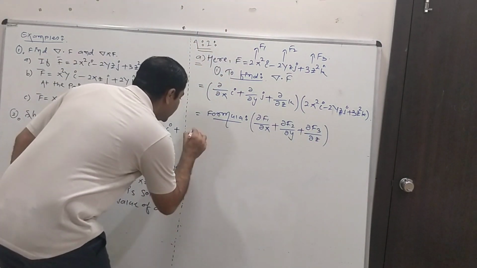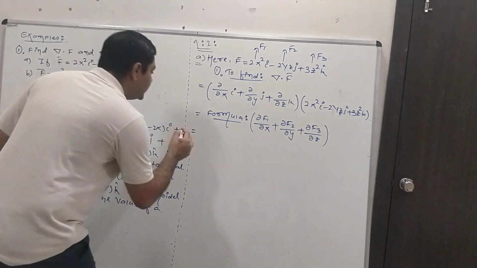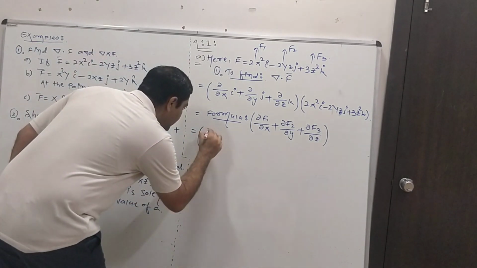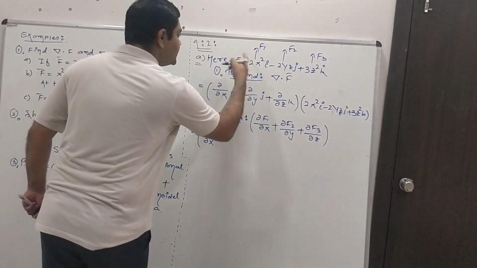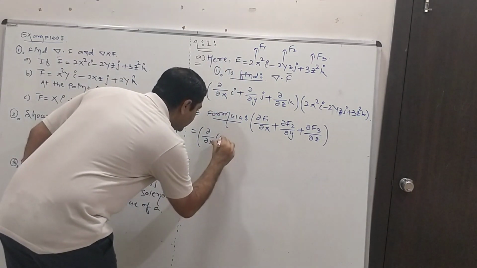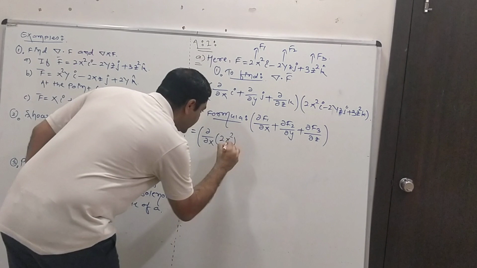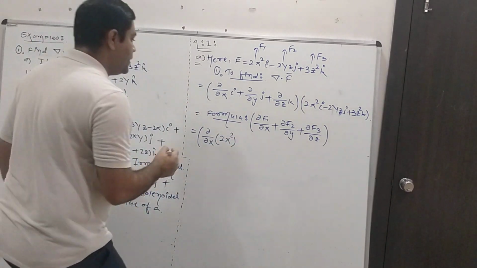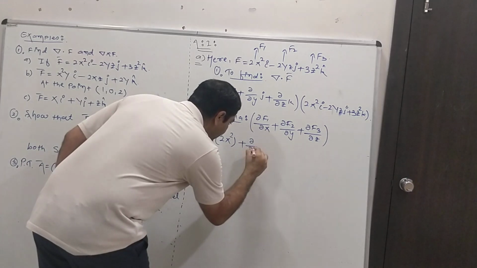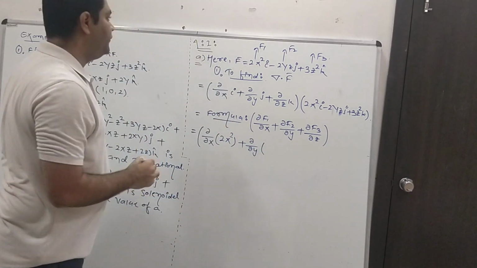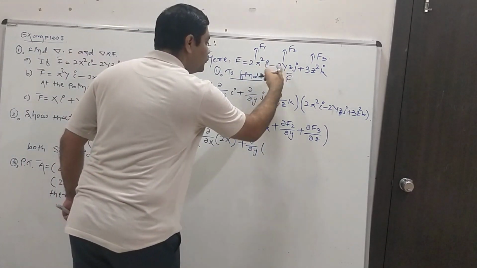So we can write del by del x of f1; f1 is 2x square. Plus del by del y of f2; f2 is minus 2yz.